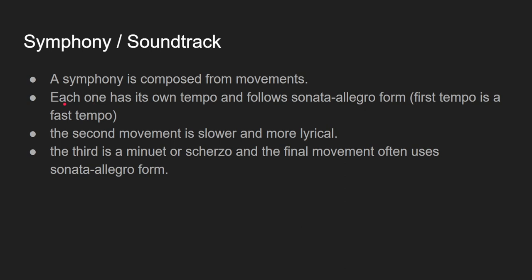We are not going to copy literally all the concept, but for example, the first movement is very fast and follows the sonata allegro. The second movement is slower and more lyrical, and the third is a minuet or scherzo, and the final movement often uses sonata allegro form. So we're going to play with the tempo, that is the timing of the music.